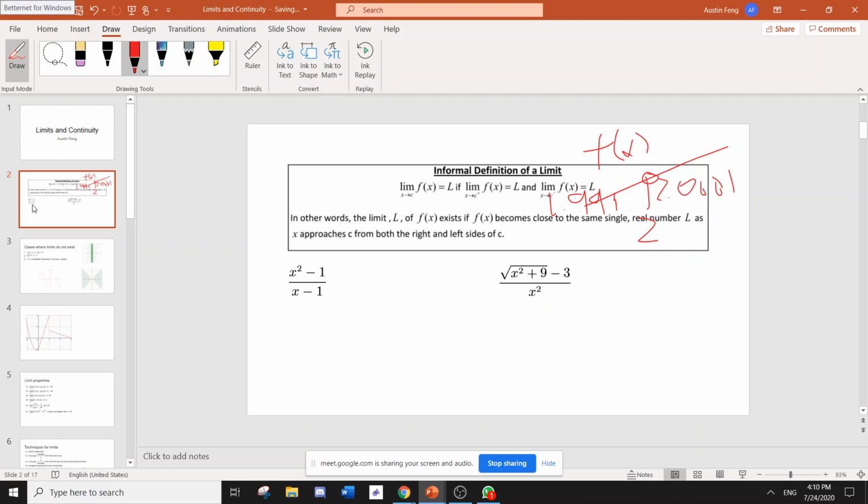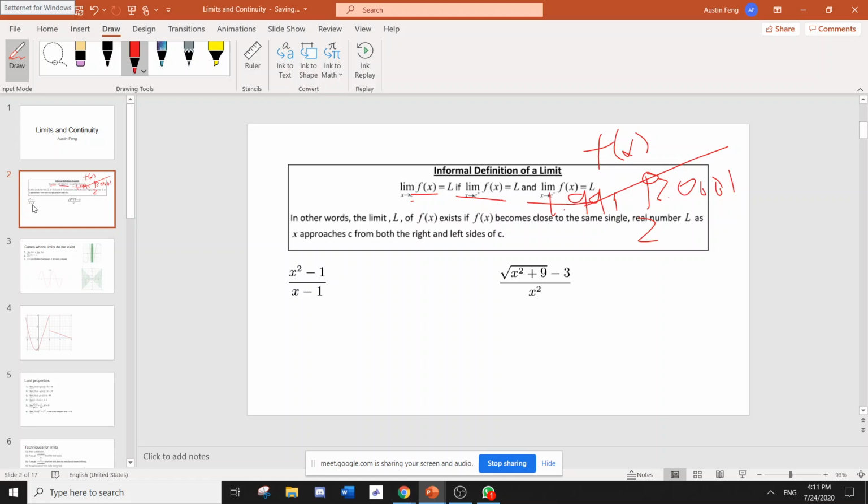The formal definition is: the limit of x to c of f of x is equal to L if the right side limit, or the positive limit, is equal to L and the negative limit is equal to L. So here's some notation. c is the point you're finding the limit of, and the function you're using is f of x.